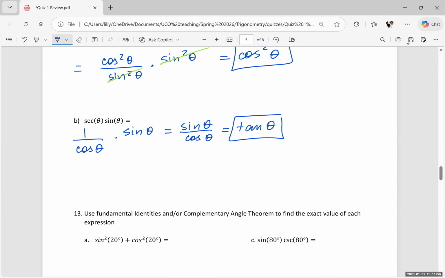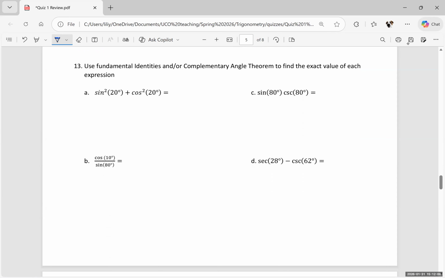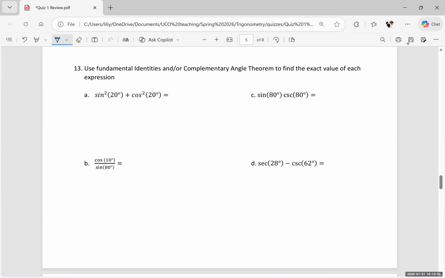So you do have to memorize the basic identities. This is also basic identities, but this is also using the complementary angle theorem. So part A, if you just remember the main form of the Pythagorean identity, which is sine squared theta plus cosine squared theta equals 1.